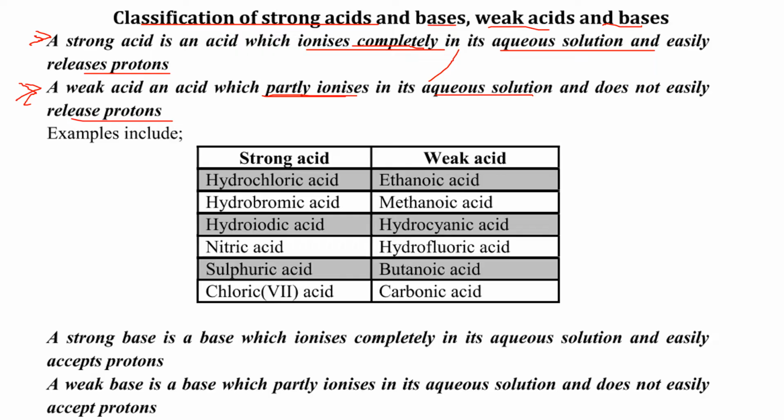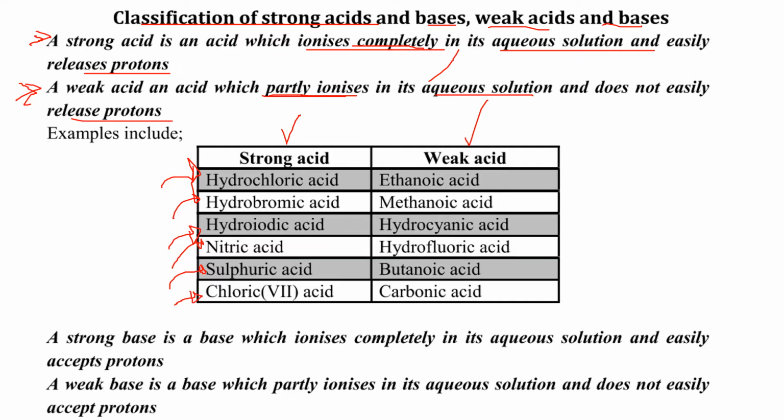So looking at the examples, examples of strong acids are here and examples of weak acids are here. One of the examples of a strong acid is hydrochloric acid; we are going to be looking at hydrobromic acid, hydroiodic acid, nitric acid, sulfuric acid, and chloric(VII) acid.